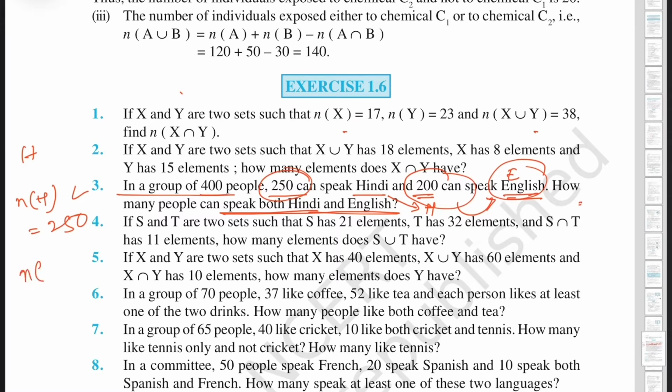And number of elements in set E must be equal to 200.